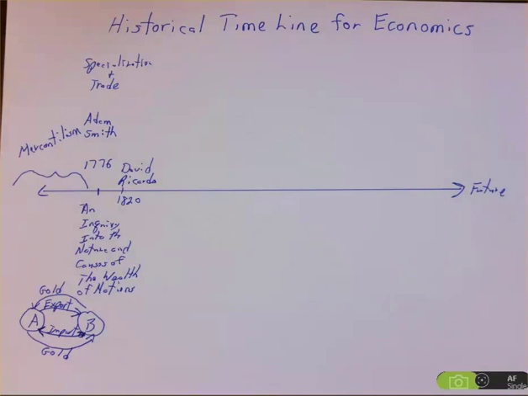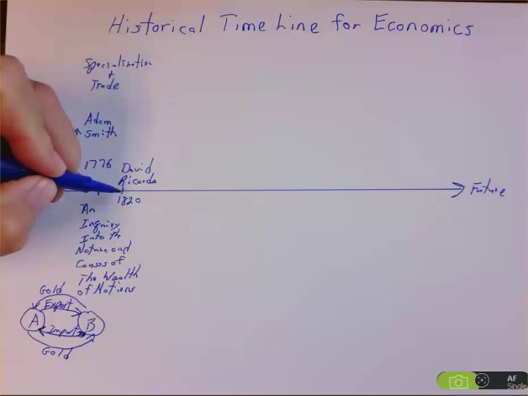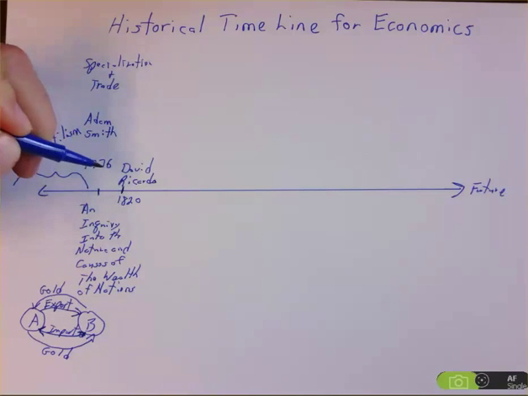But don't think that David Ricardo got everything right. He also wrote a few things that we try not to talk about nowadays because we know them to be wrong. One of them was the infamous labor theory of value. But let's just stick to the things that he got right, and that was the idea of comparative advantage.